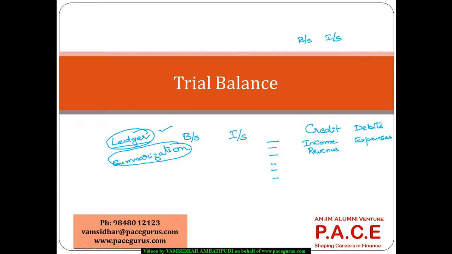Similarly, anything that is part of the liabilities in the balance sheet comes into credit, and anything that is part of assets goes as a part of the debit. Once you know this fundamental, the creation of the trial balance becomes quite simple and easy. Any kind of trial balance can be prepared in the same manner.